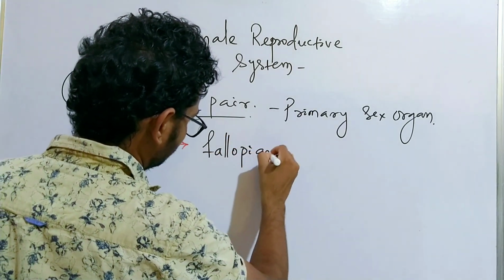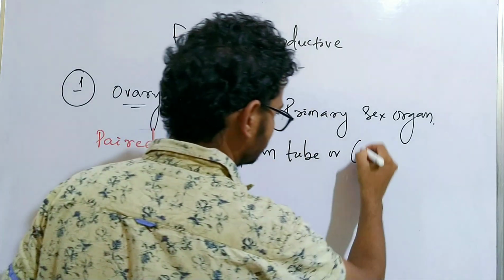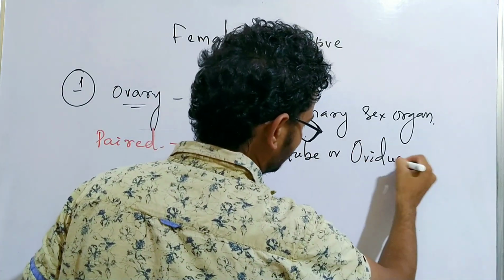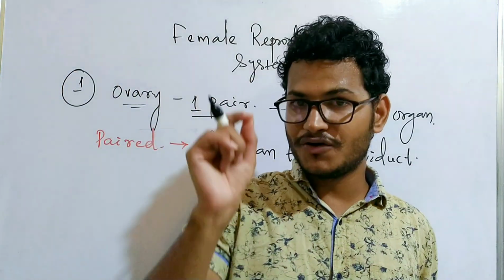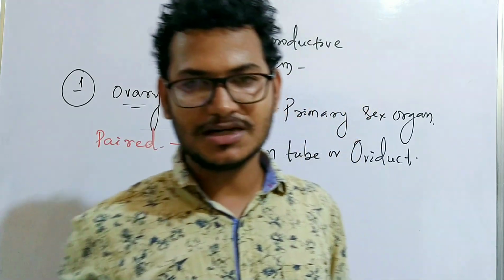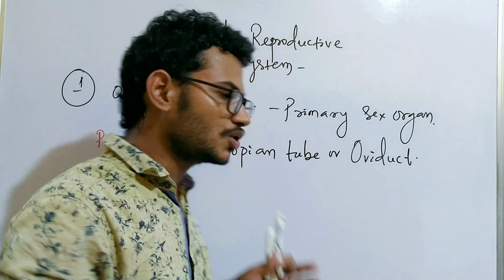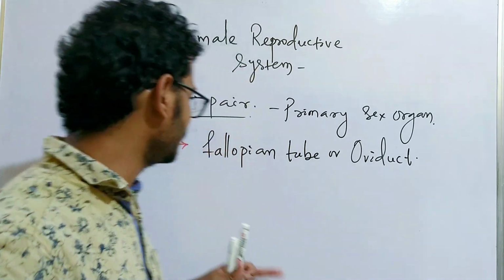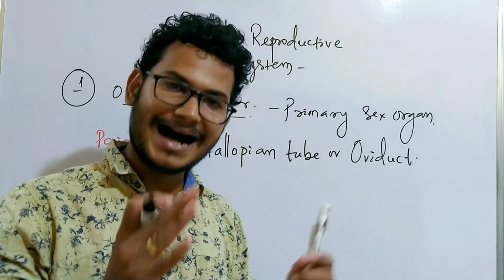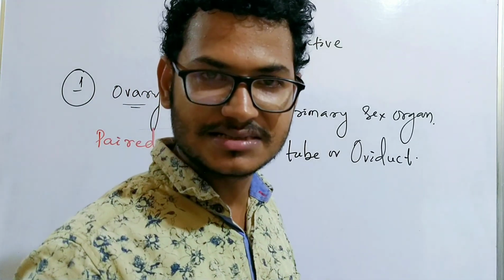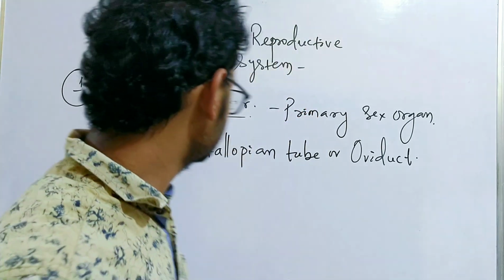The fallopian tube, which is also known as the oviduct, carries the mature ovum released from the ovary during ovulation. That mature ovum comes out from the ovary to the fallopian tube or oviduct, and as there are two ovaries, there are two oviducts or fallopian tubes.